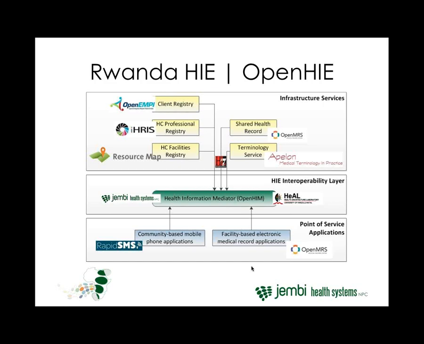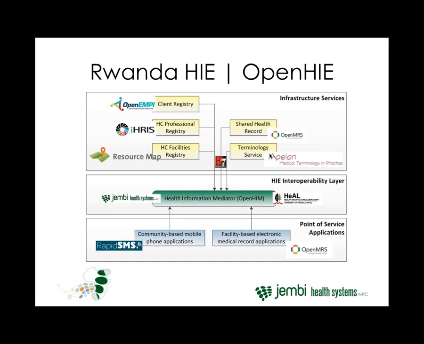So if, for example, we're having a message coming in saying that this patient has been diagnosed with TB, what we're able to do is query the terminology service for the ICD-10 code, which we'll just call A17.0 at this point, and what would be stored in the shared health record is the unique client ID, the unique provider ID who collected that information for the client, where it was collected, a date and time stamp, and the terminology-based observation.